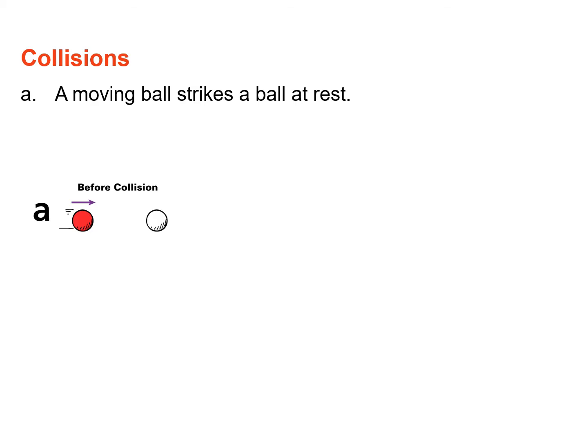We see the situation that the red ball is moving, the white ball is at rest. If these two collide in an elastic collision, then if it's a perfect collision, what would happen is the red ball would actually come to a stop, transfer all its momentum to the white one, and then the white would move off in the same direction that the red was originally traveling.